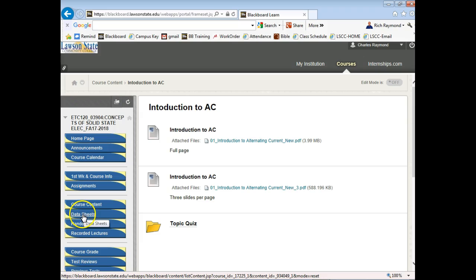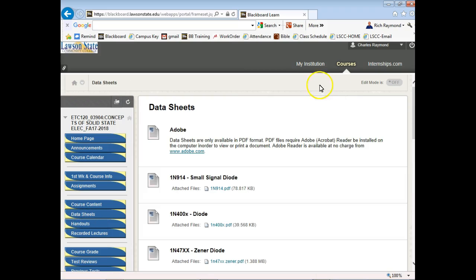Data sheets. These are the sheets we'll be learning how to read. To learn how these solid state devices, or semiconductor devices, work, everything has tolerances, right? You understand that. So the engine in your car has a specification that tells us what that engine has the capabilities to do.